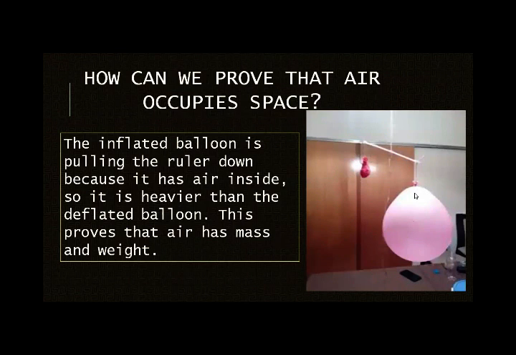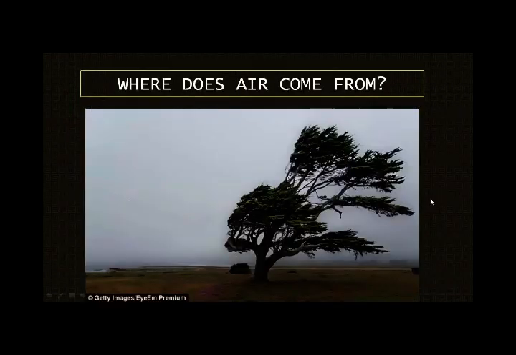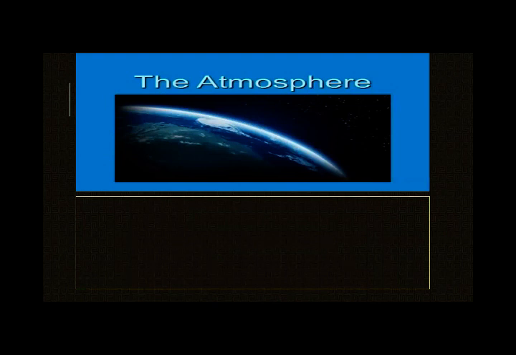Students, what do you think? Where does air come from? And what do you think air is? You can feel air, but you cannot touch it. What is air and where is it found? Surrounding us is a thick layer of air called the atmosphere.